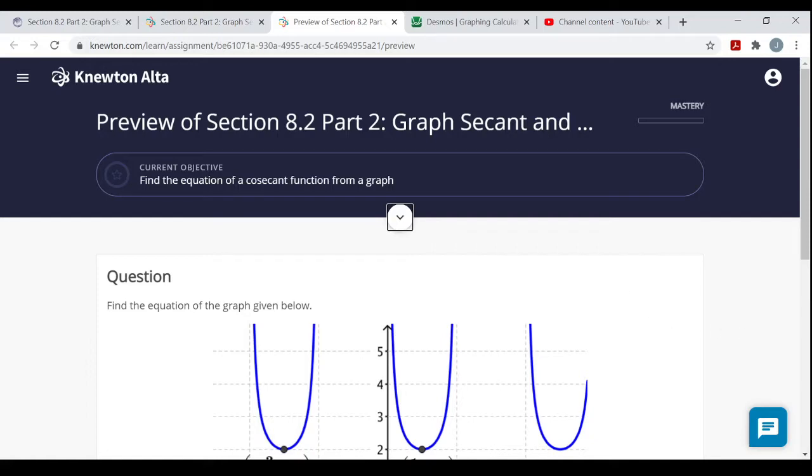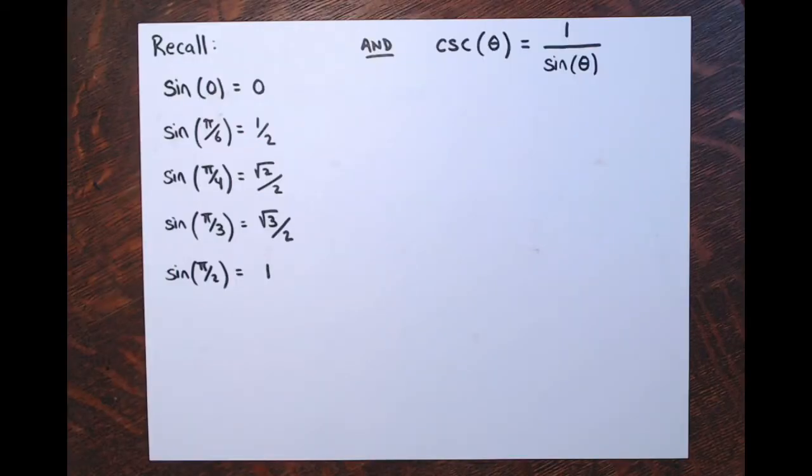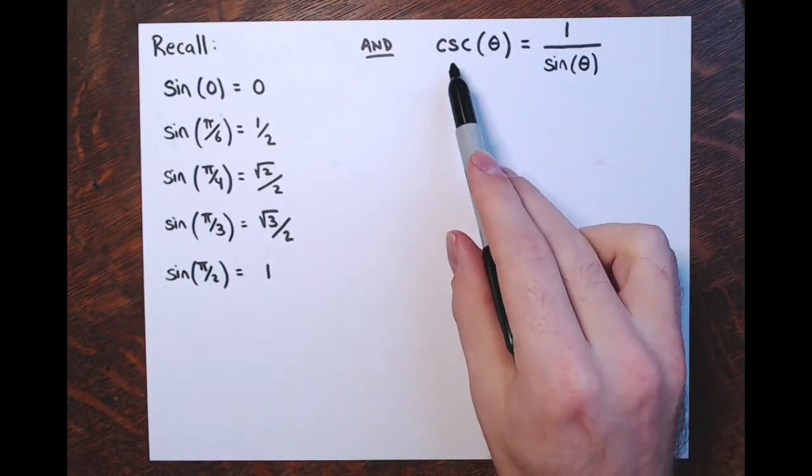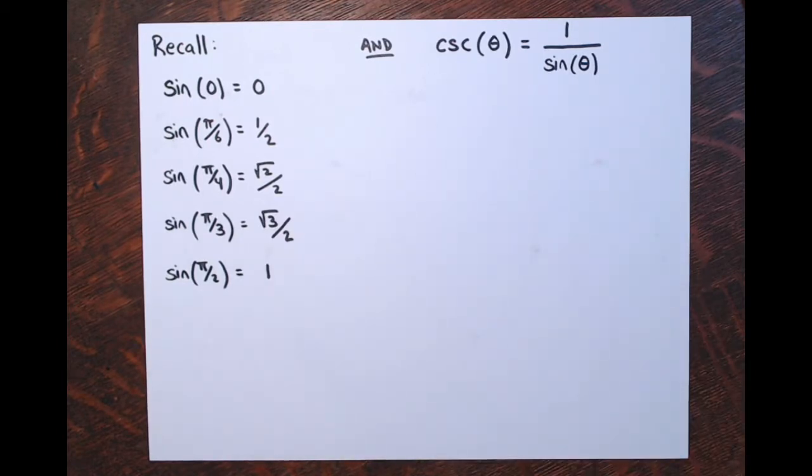All right, so I'm going to go into some paper here. I know it's titled secant and cosecant, but I'm going to start off with the cosecant function, y equals the cosecant of x, that CSC.